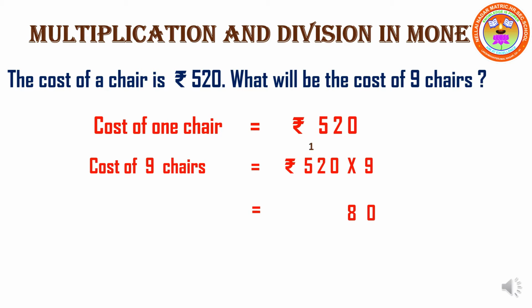Next, 5 into 9. 5 nines are 45. 45 plus 1 is 46. Therefore, the cost of 9 chairs is equal to 4,680 rupees. Understood, children? The key word which you have to remember for multiplication is one to many.